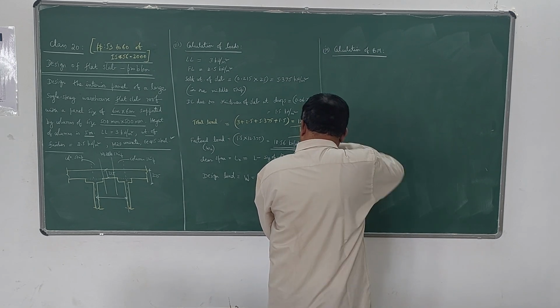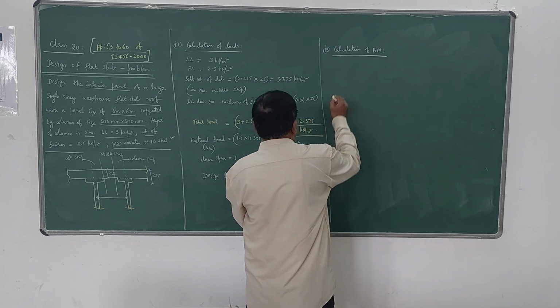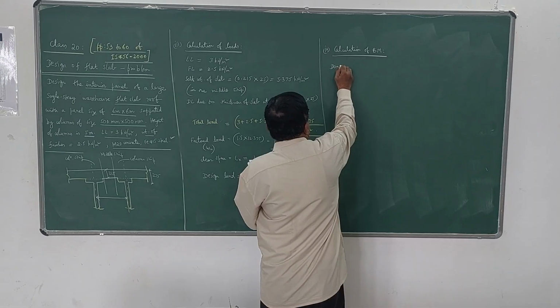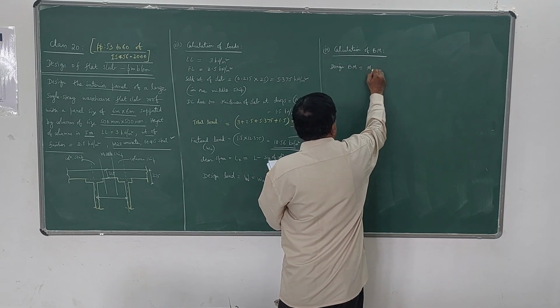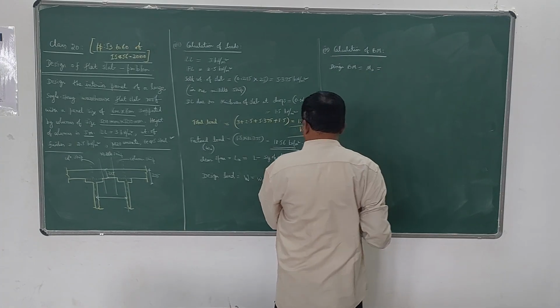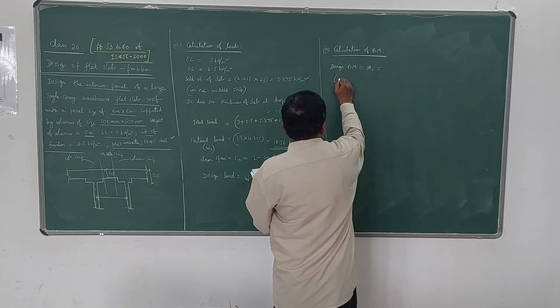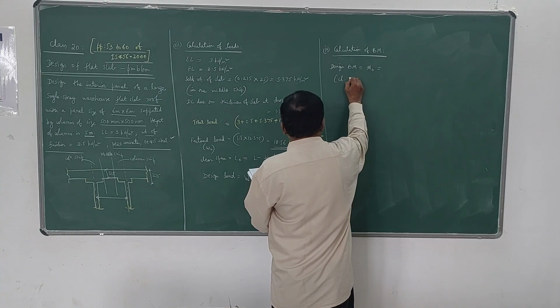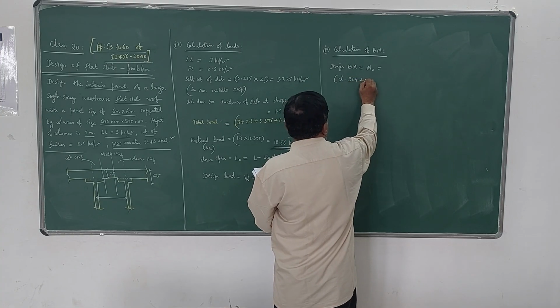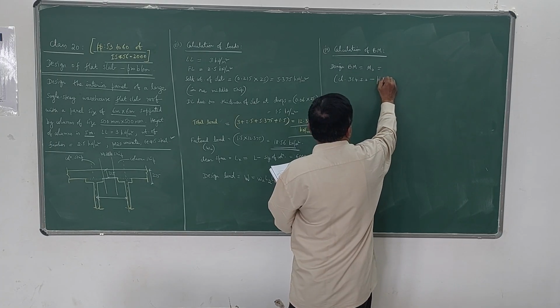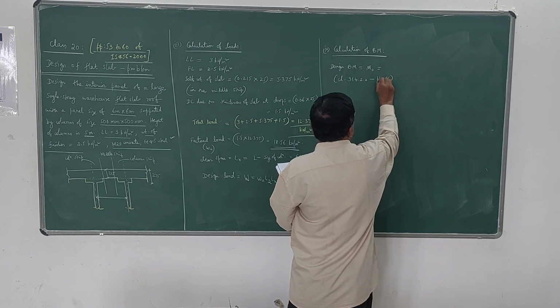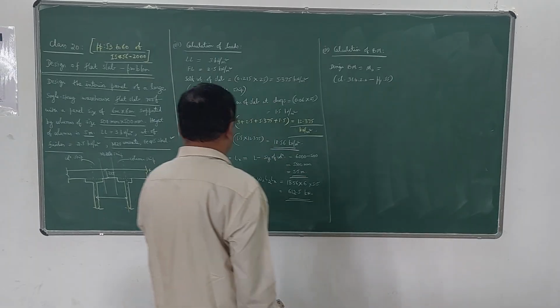Here the design bending moment, I call it M0, is given in clause 31.4.2.2 on page 55 in the code.